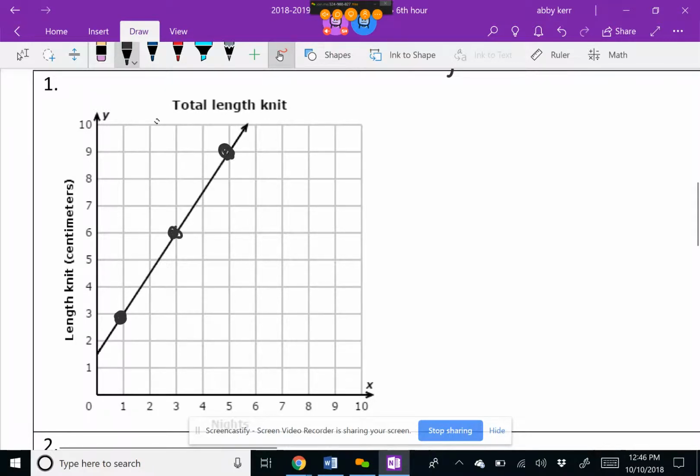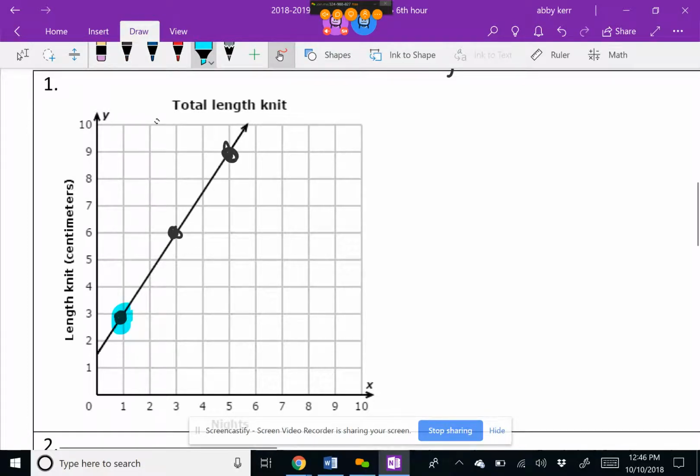And notice that there's only 3 ordered pairs. One thing I want to point out, they're equally spaced. If they're not equally spaced, that means you plotted incorrectly. That means it wouldn't be linear. So I have 3 ordered pairs. Just pick 2. Doesn't matter which 2.